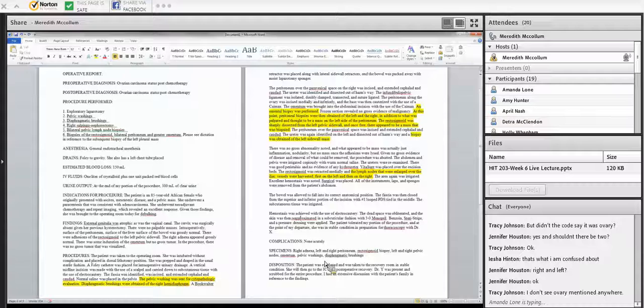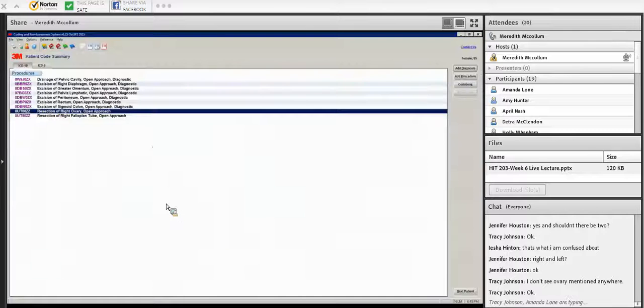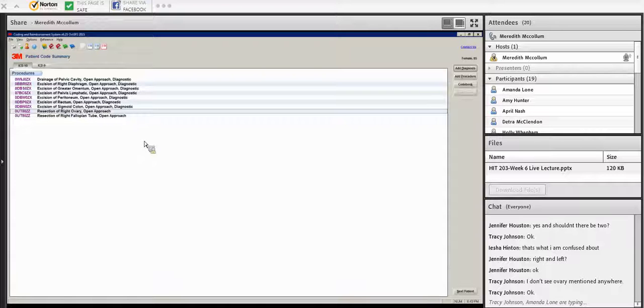Yes, Tracy, the only place I see it mentioned is right here. That's what oophorectomy means, and the salpingo is the fallopian tube. So that's what we get.